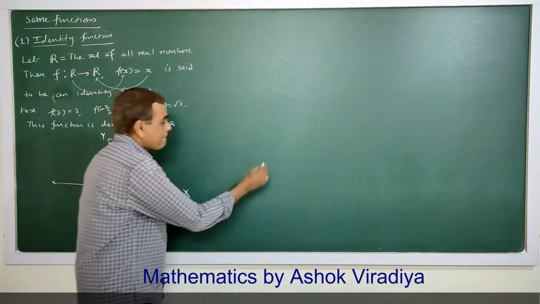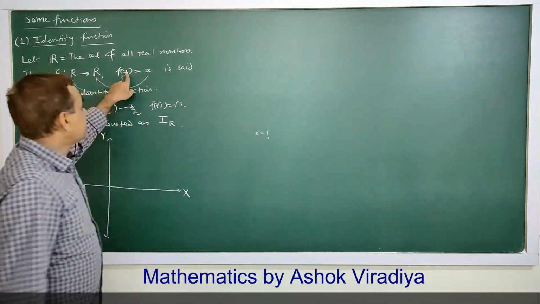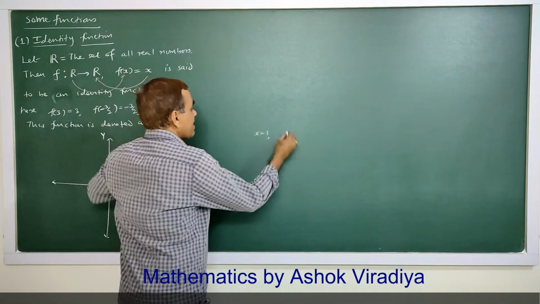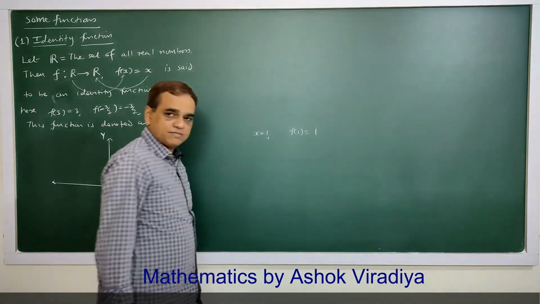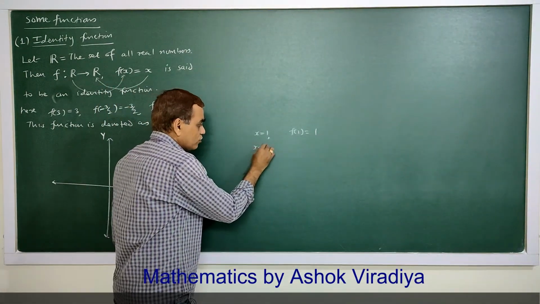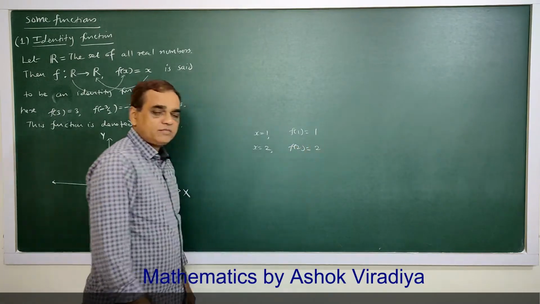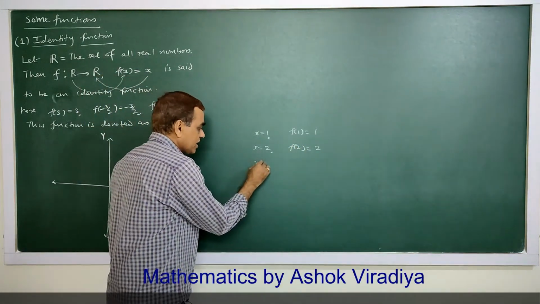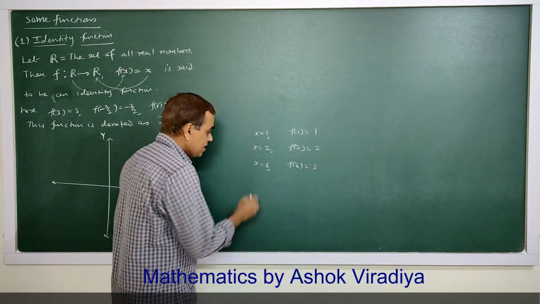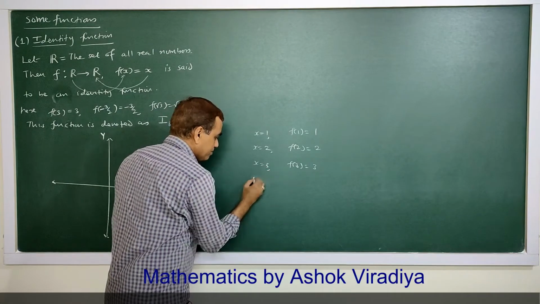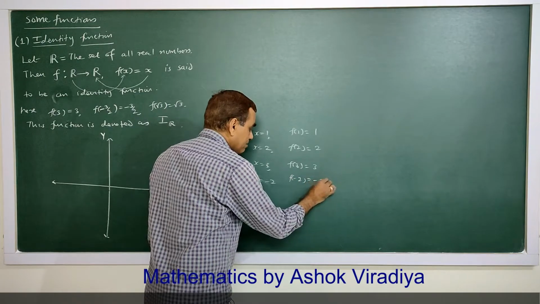So when we take x equal to 1, f of 1 is 1. If x equal to 2, then f of 2 is 2. If x equal to 3, then the image of 3 is 3. If x equal to minus 2, then the image of minus 2 is minus 2.